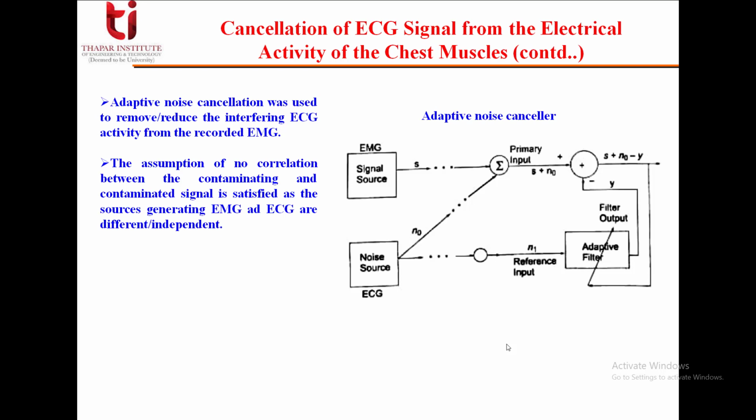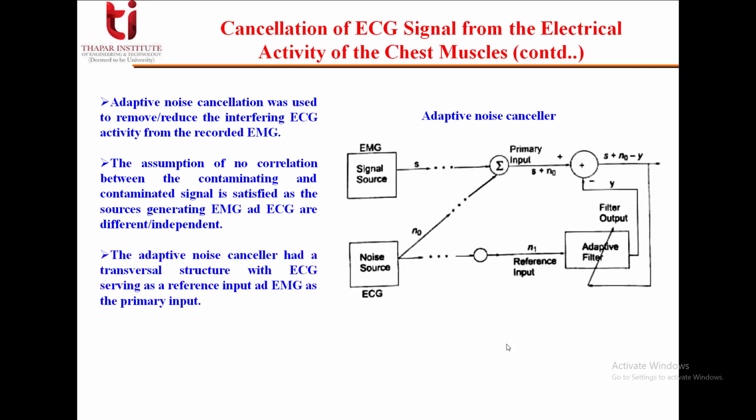The assumption of no correlation between the contaminating and the contaminated signal is satisfied as the sources generating EMG and ECG are different or independent. The adaptive noise canceller had a transversal structure with ECG serving as the reference input and EMG as the primary input. The filter coefficients are adjusted using the LMS algorithm.